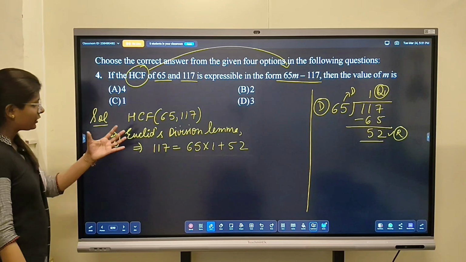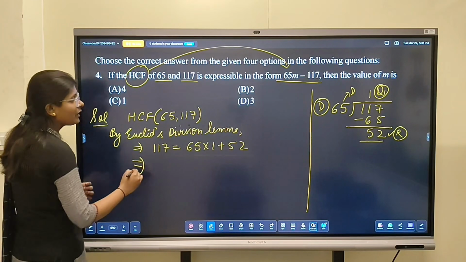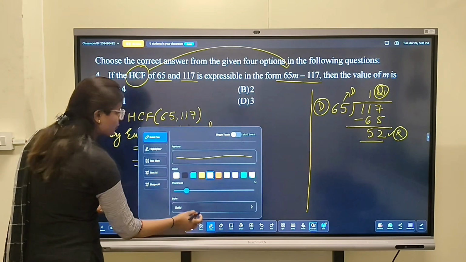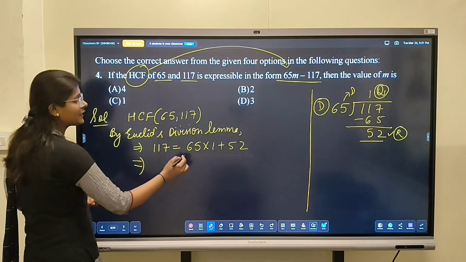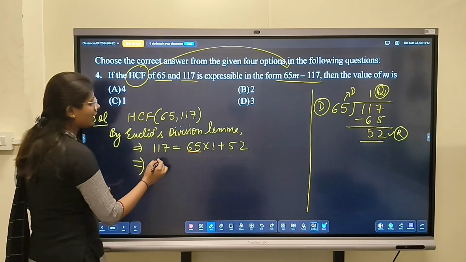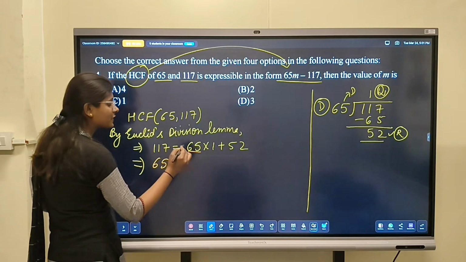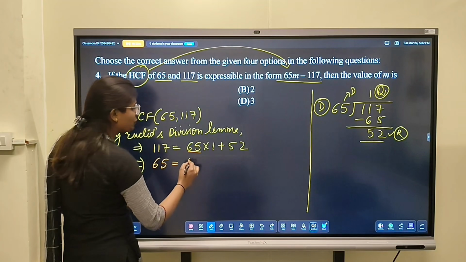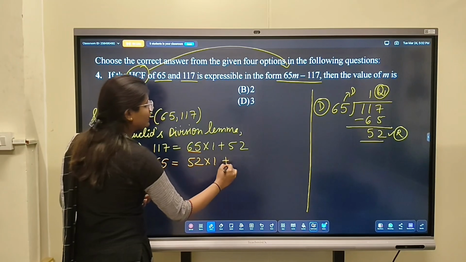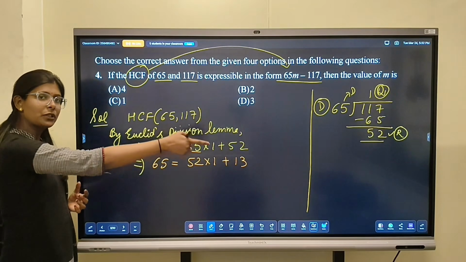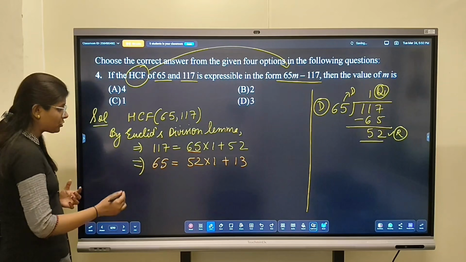Okay, so let's put it here. Now next time we will be treating this 65 as our dividend. Now 65 divided by 52 times 1 and you will be getting 13. Again you can proceed with the normal division method and can get this equation.